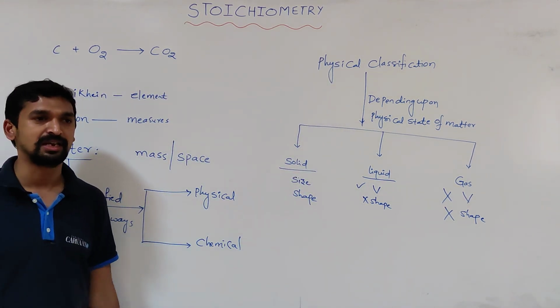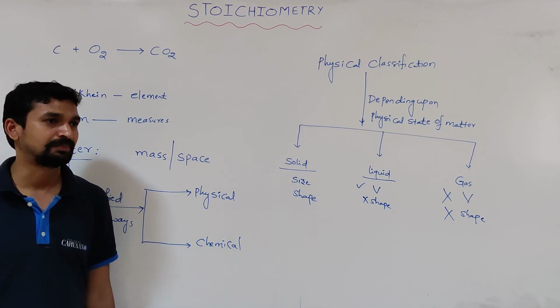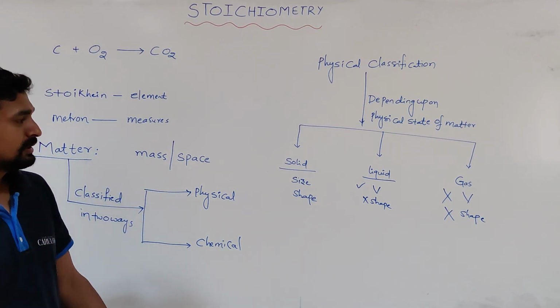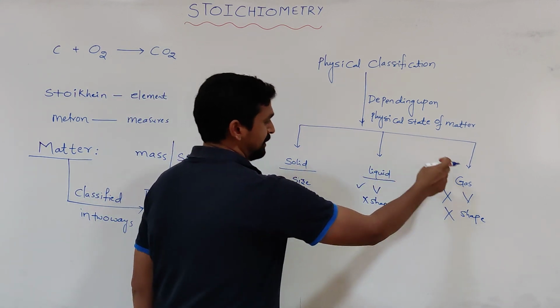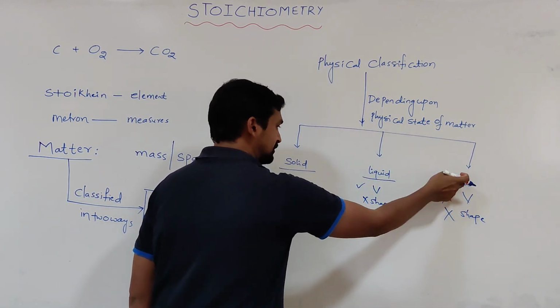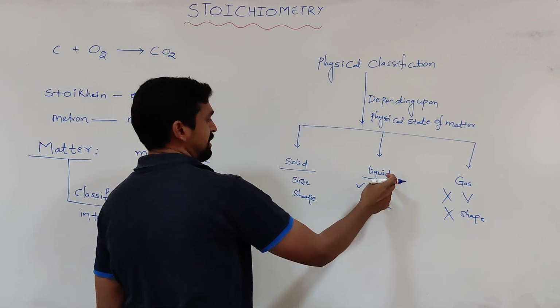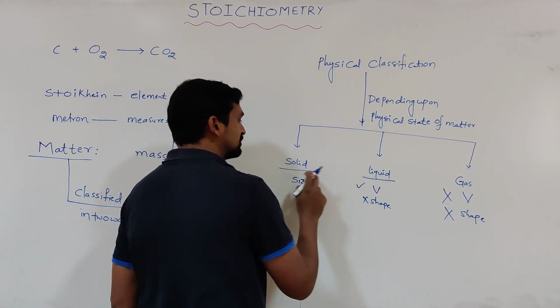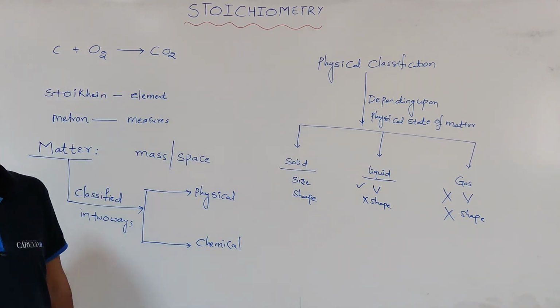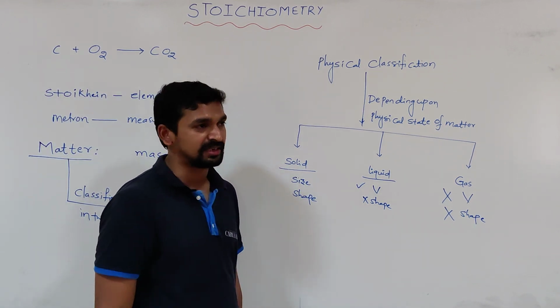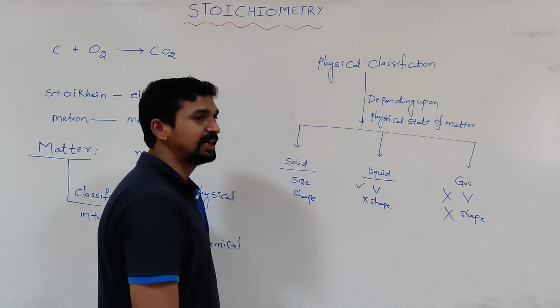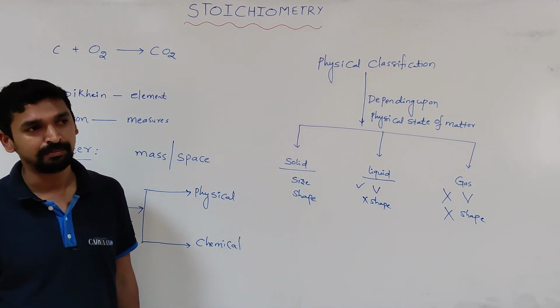This was very clearly discussed in the last chapter. And matter might be converted from solid to liquid, or liquid to gas, or solid to gas, gas to liquid, or liquid to solid, or gas to solid. There are so many conversions possible. Which physical state it exists in is decided by the temperature and pressure.